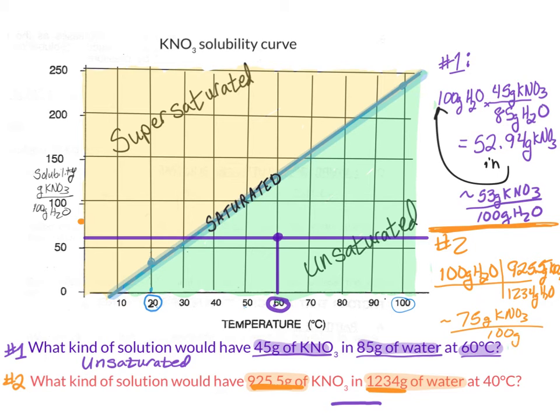And then we draw a line going straight across at the 75 grams of KNO3 per 100 grams of water line to show that that is the concentration of our solution at all different temperatures. That's the amount that we have in the container.